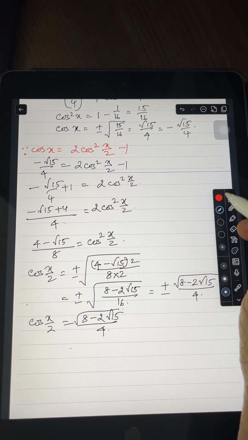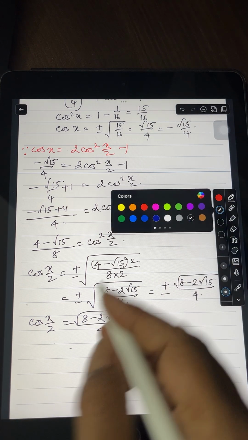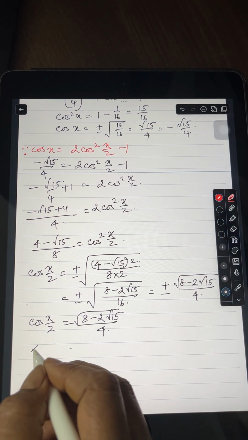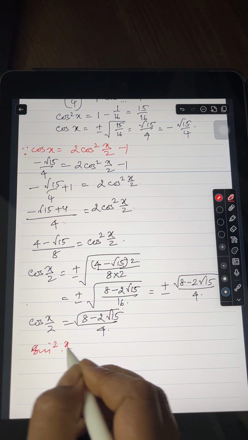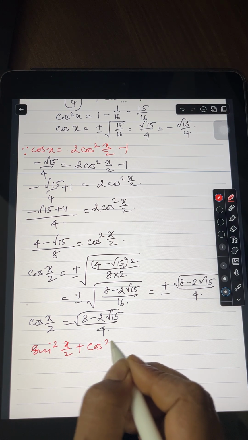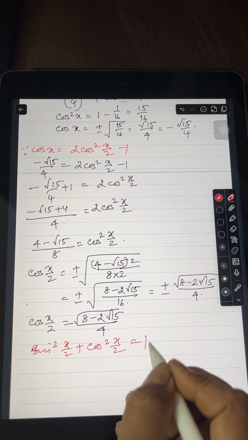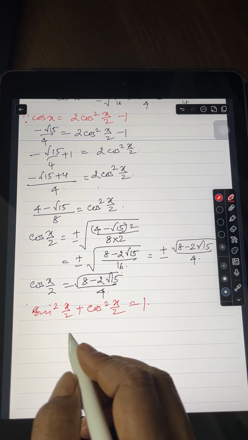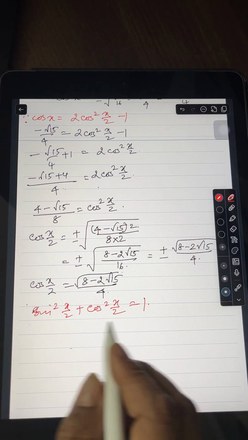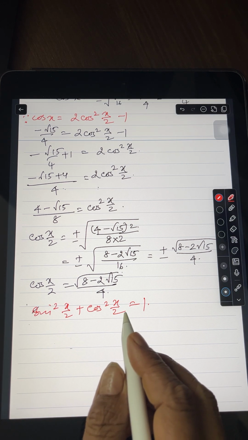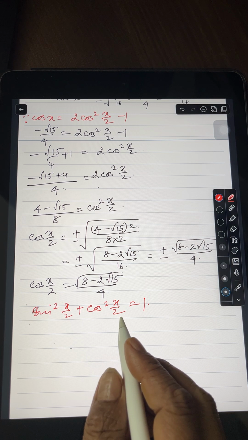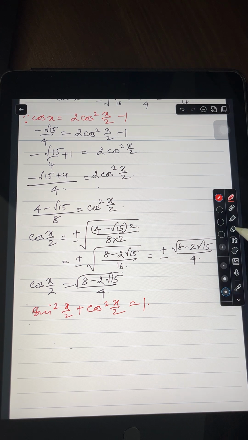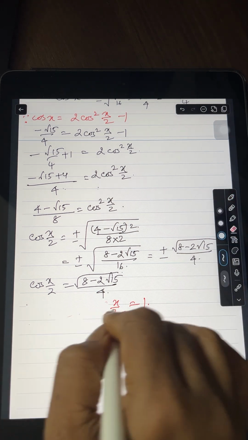You can take this formula: sine square x by 2 plus cos square x by 2 is equal to 1. If you take this formula, let me see if I can do this with this. This also you get the same thing only. So I'll try with the same old formula only.